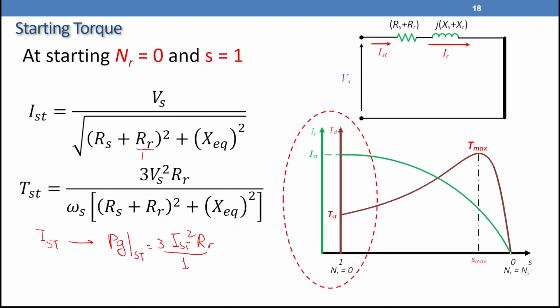At starting, all the air gap power is consumed as rotor copper loss. So once you have this one, you are going to substitute in the torque equation, where the torque at starting equals P gap over omega S. So what is the role of R stator? To calculate starting current as well; it will be included in the starting current equation.